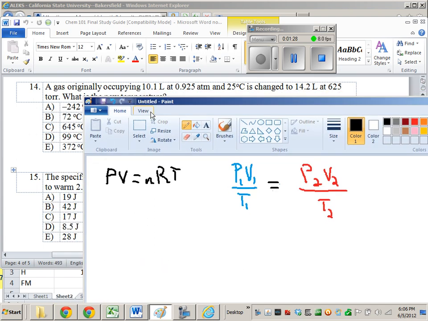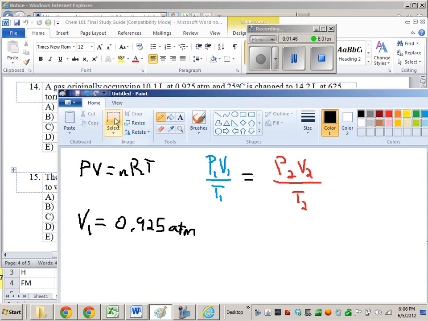So V1 is equal to 10.1 liters, and P1 is equal to 0.925 ATM. Atmospheres is a unit of pressure, right? I'm totally messing this up.